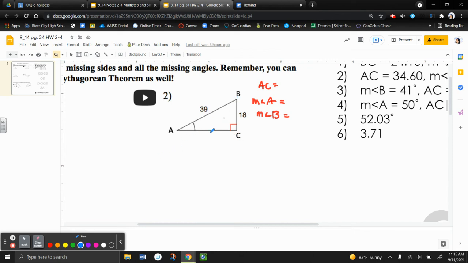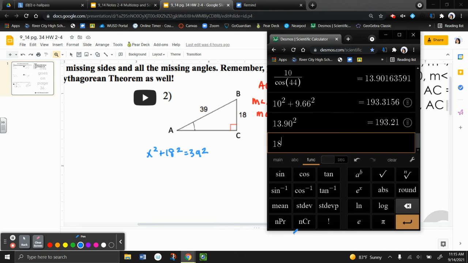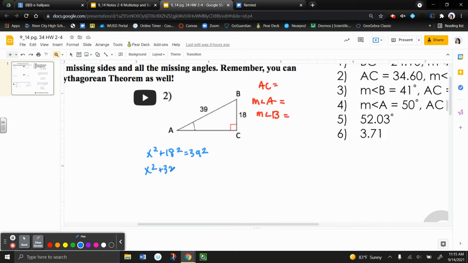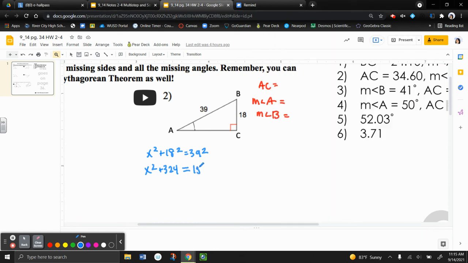Again, we're going to use Pythagorean theorem since we don't have any angles. So it's going to be x squared plus 18 squared is equal to 39 squared. So 18 squared is 324. And then 39 squared is 1521.